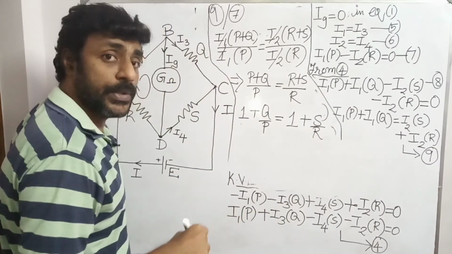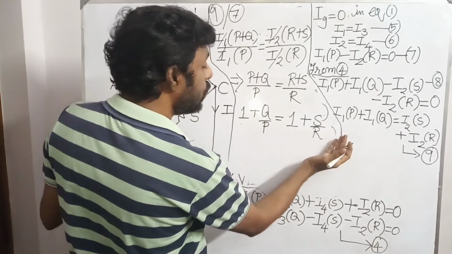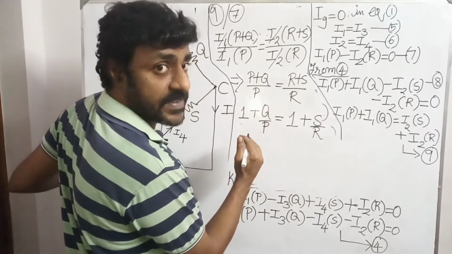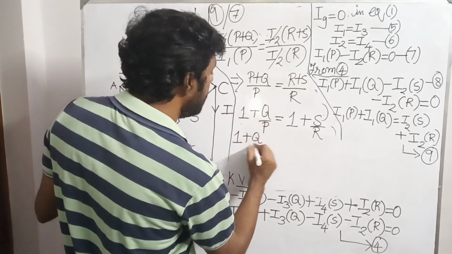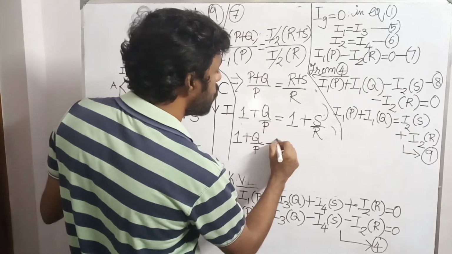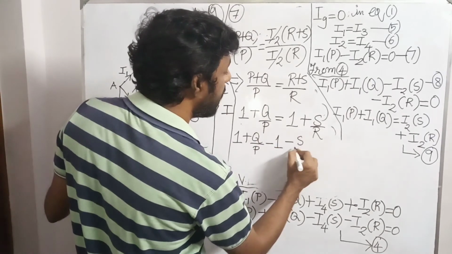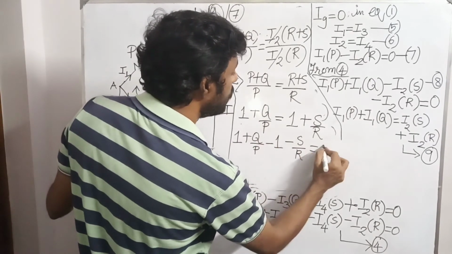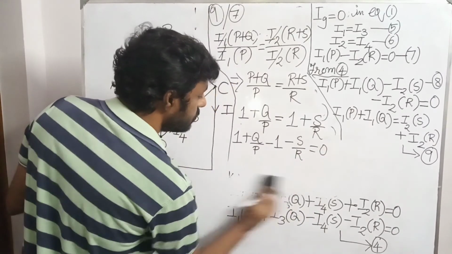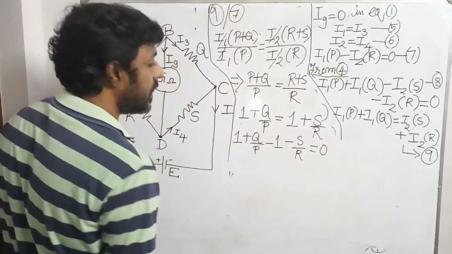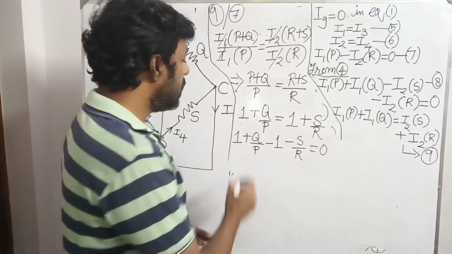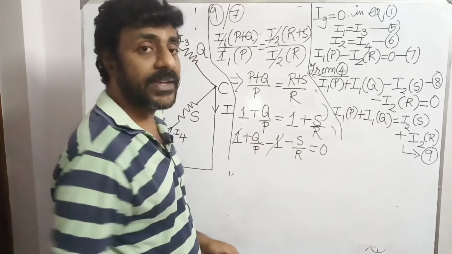Now I am going to bring these terms towards the left hand side. So what will happen? 1 plus Q by P minus 1 minus S by R will be equal to 0. So again, the 1 and minus 1 will get cancelled.